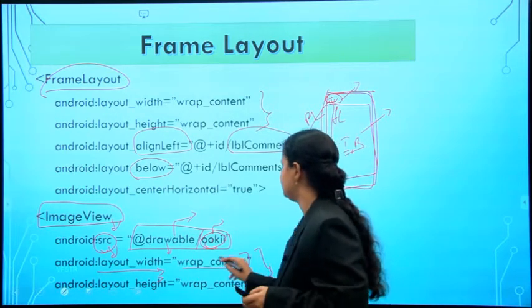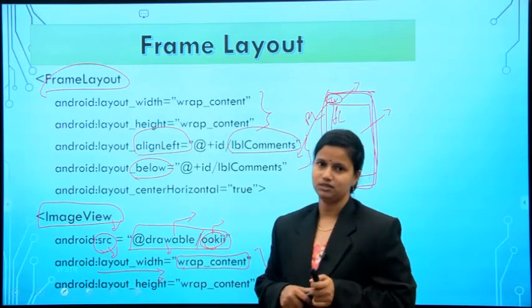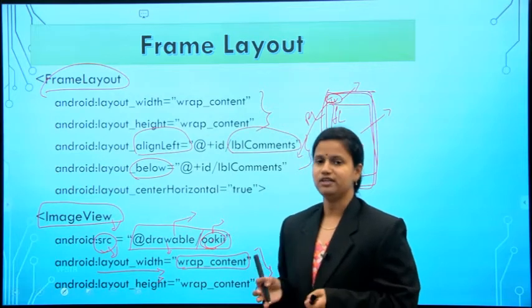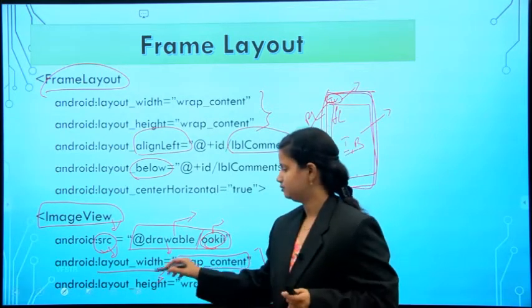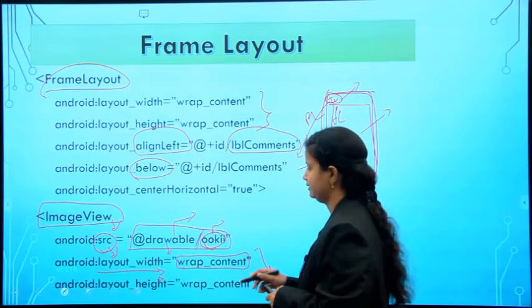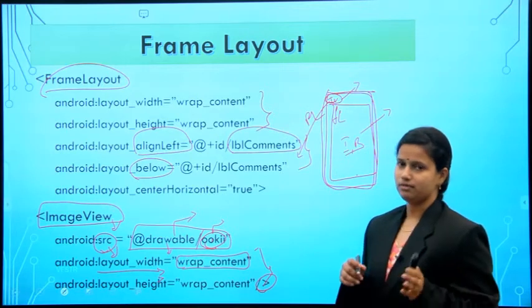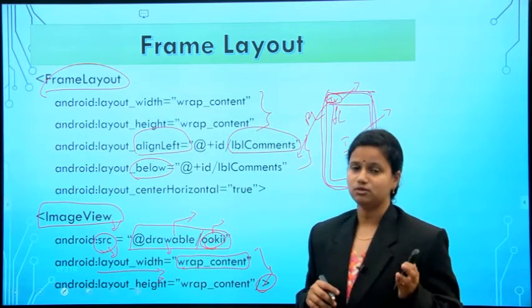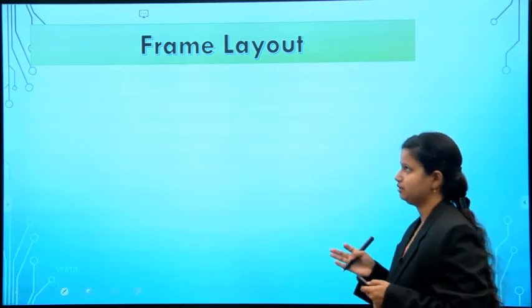That means if the image is 200 by 200 pixels, that width is allocated and the height is also allocated. The image view is closed here. So when you are using an image, one of the main properties is the source of this image, that is, from which place it will be taken.